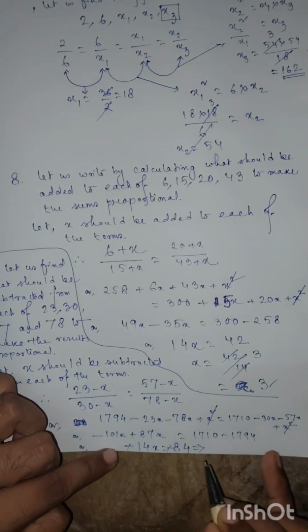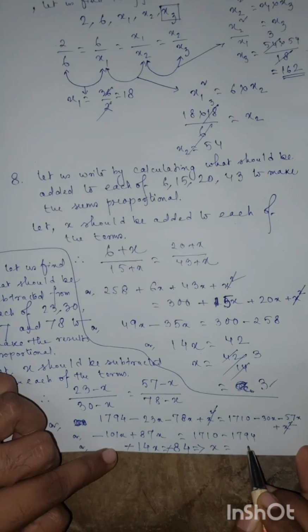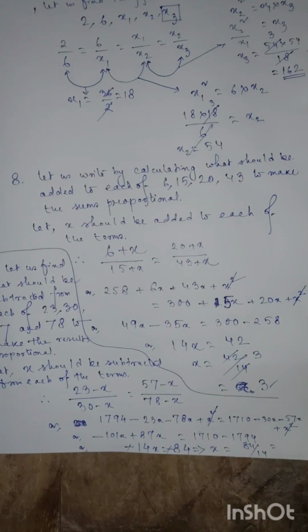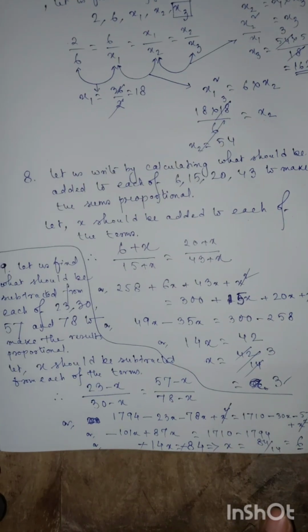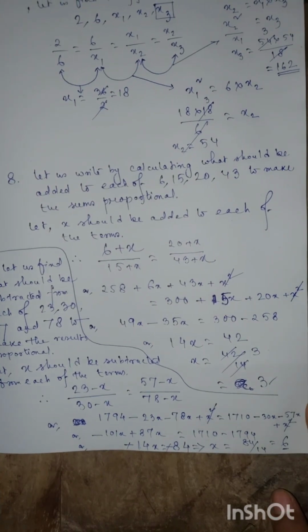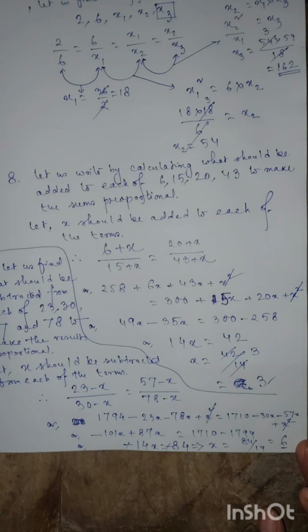So x becomes 84 by 14, which is equal to 6. So this is the value of x, and which should be subtracted from each of these numbers to make them proportional. So I hope this question is clear to you and the solution is also clear to you.